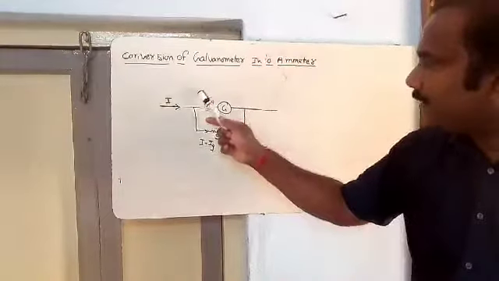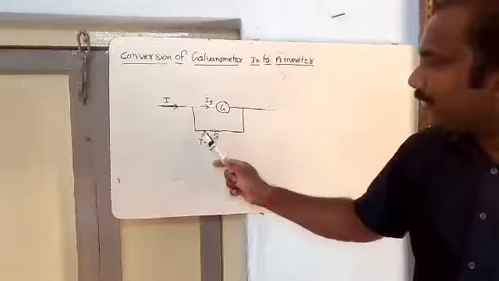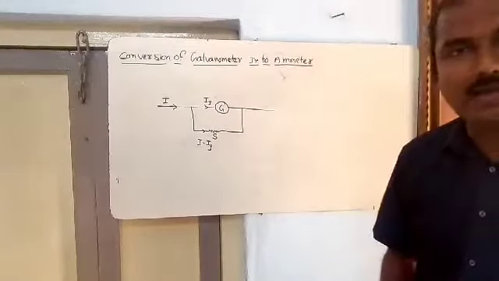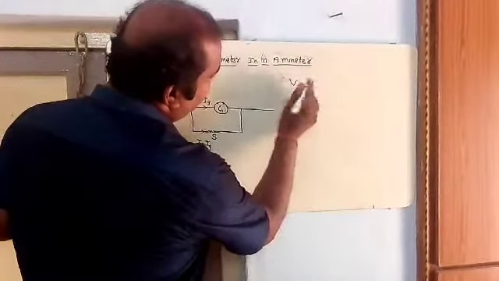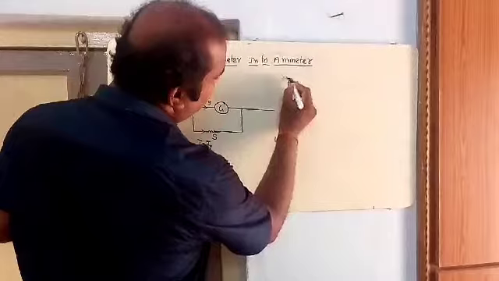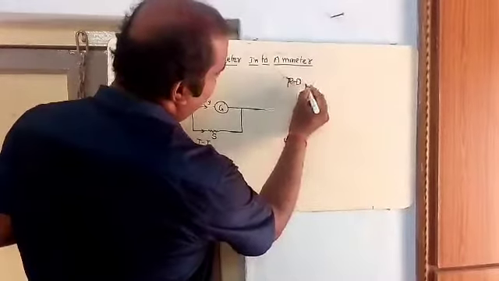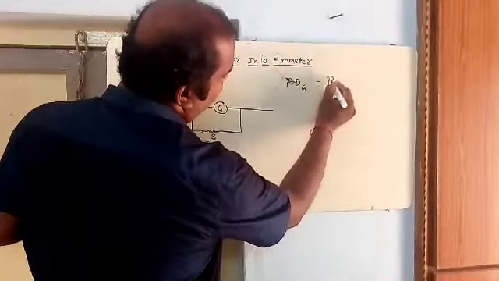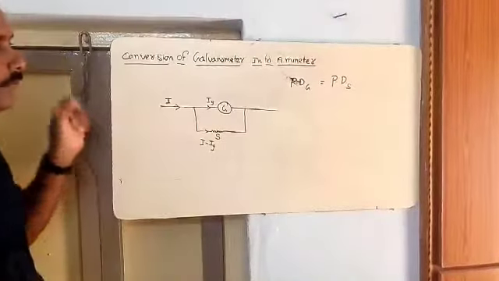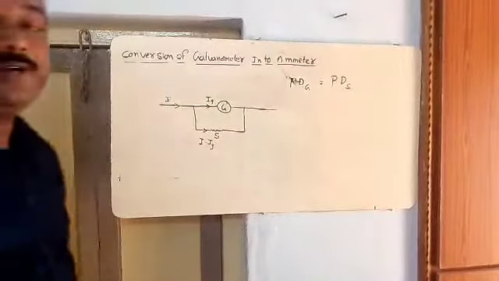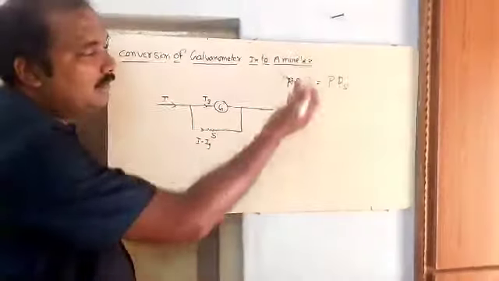The potential difference across G and the potential difference across S will be the same. So I can write the potential difference across G is equal to the potential difference across S. The potential difference is nothing but V equals IR. There also V equals IR.